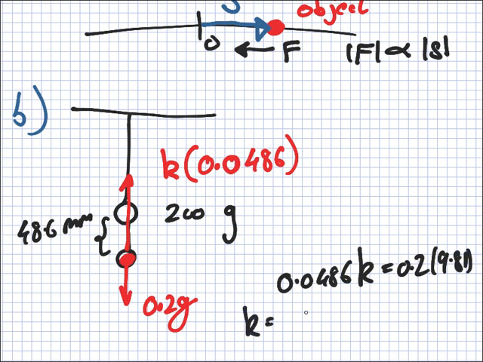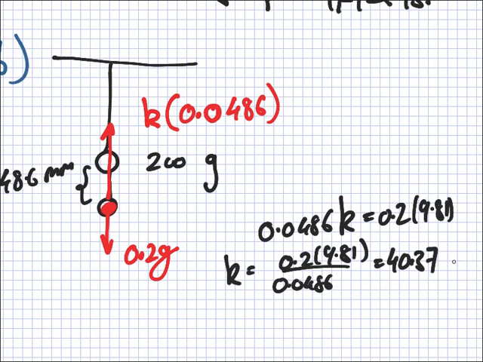So K is 0.2 times 9.81 over 0.0486 which equals 40.37 newtons per meter.